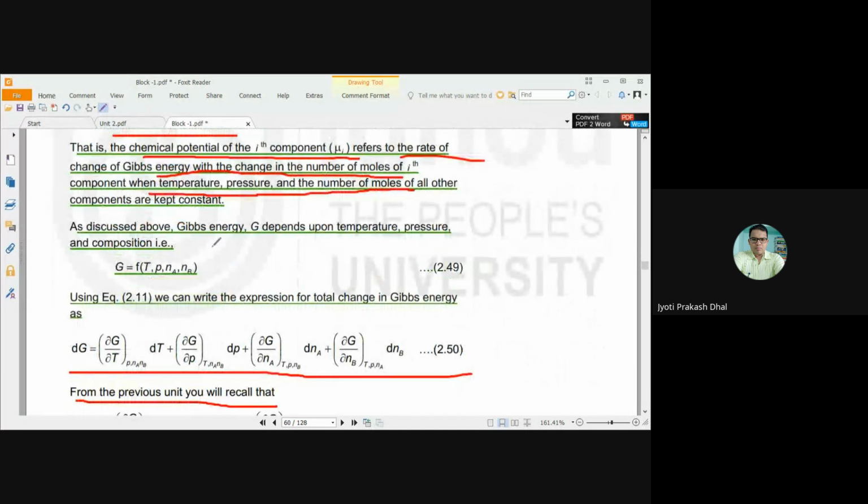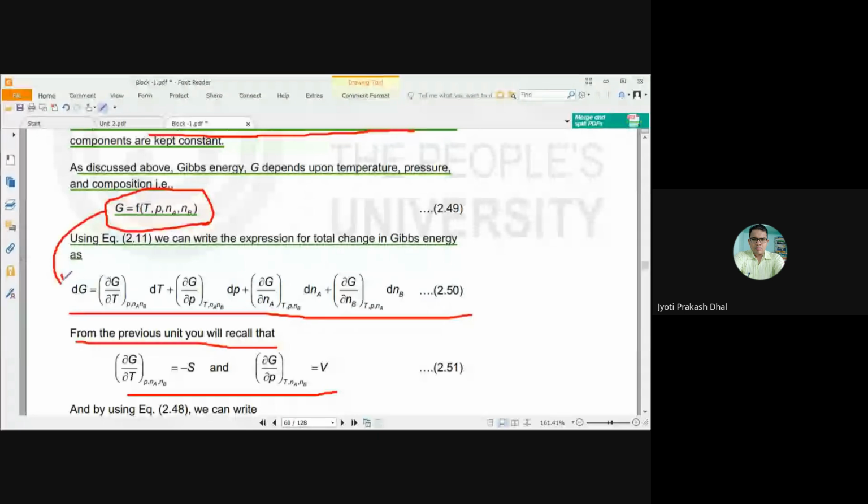Because we know that Gibbs energy is an extensive property, if we discuss a binary solution, G is a function of T, P, Na and Nb. Now, if we take the differential of this form, dG equals del G by del T dT at constant pressure, Na and Nb, plus the other terms.